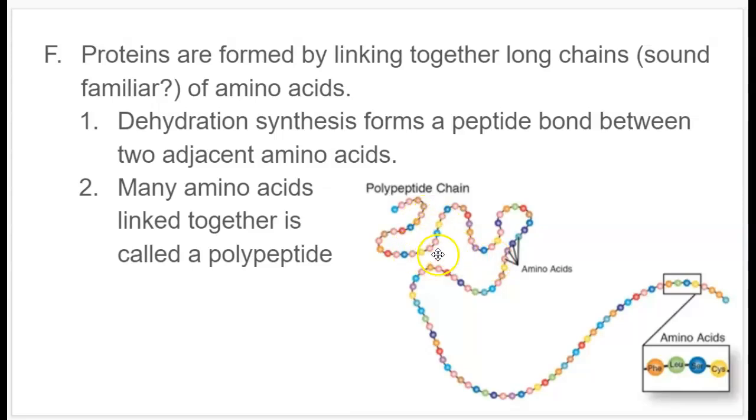Because we have so many peptide bonds, what they call it is a polypeptide chain. So again, poly meaning many, peptide meaning the type of bonds. So a chain because lots of peptide bonds were made, and so it's all linked together.